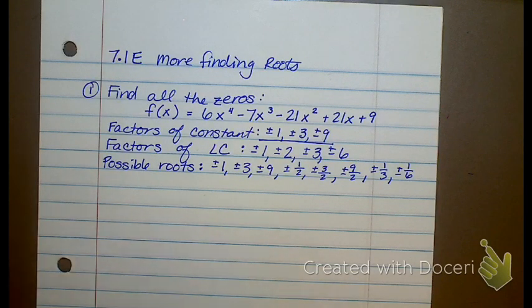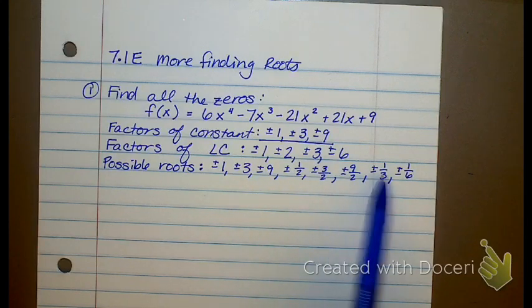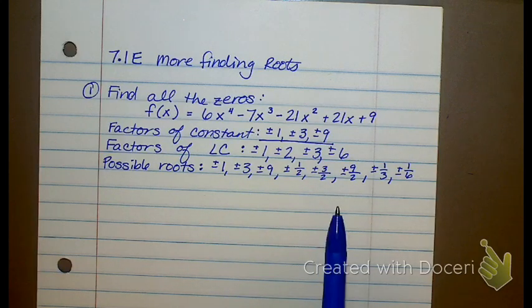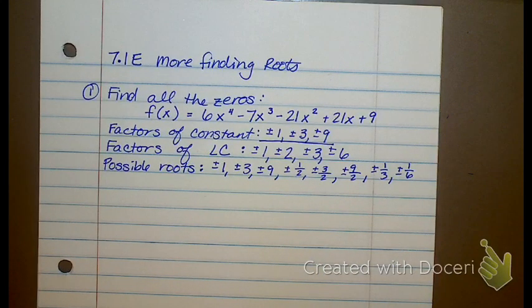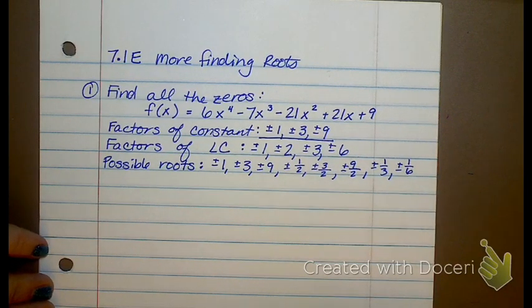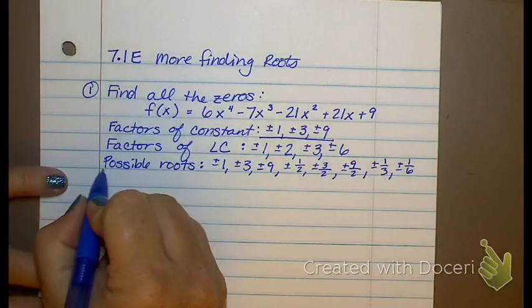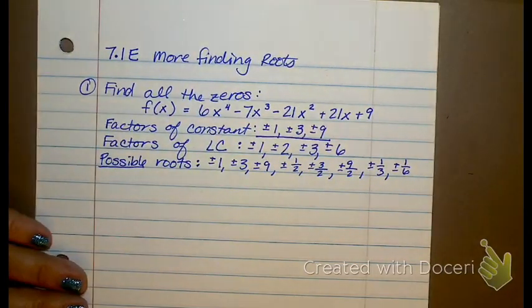How many numbers are on that list? 16, because each one is a positive and a negative, right? So I'm hoping that I'm not going to have to do synthetic division 16 times, right? By the way, just to clarify, these are possible roots, not necessarily actual roots.